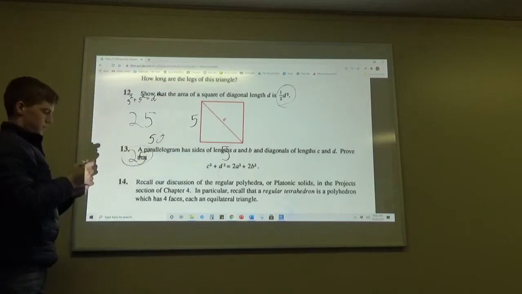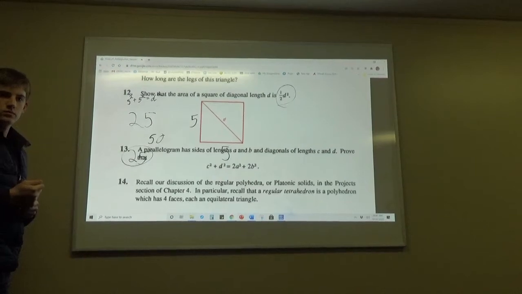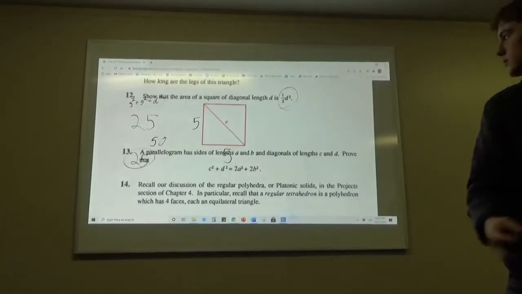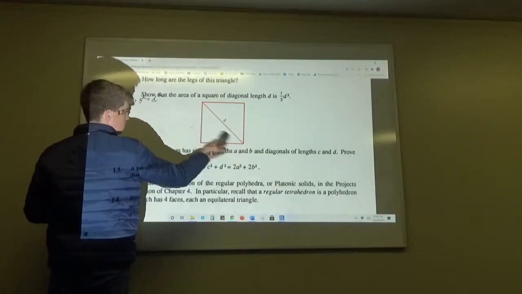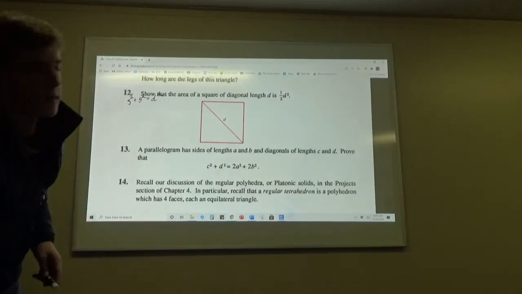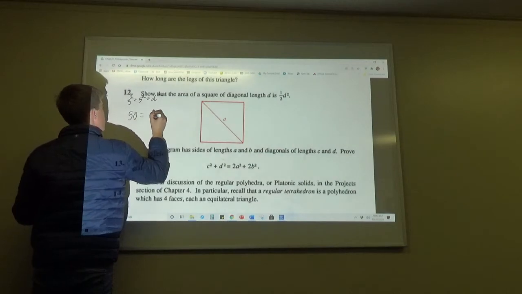Now, what happens when you add those two together? What do you get? 50. 50, okay. So let's write 50 equals d squared, because that's what he told us.